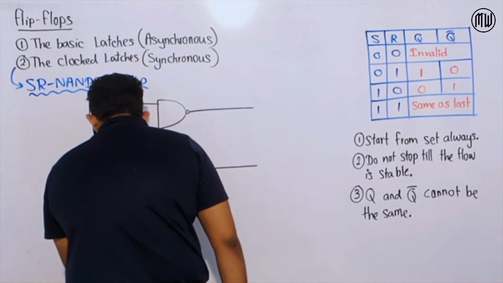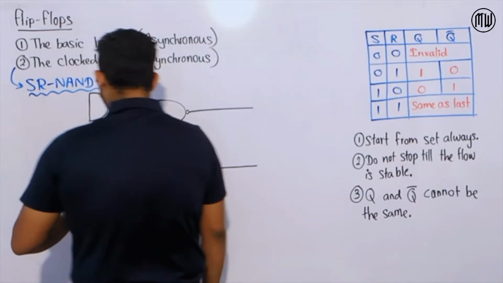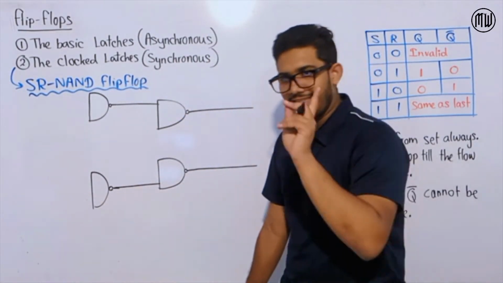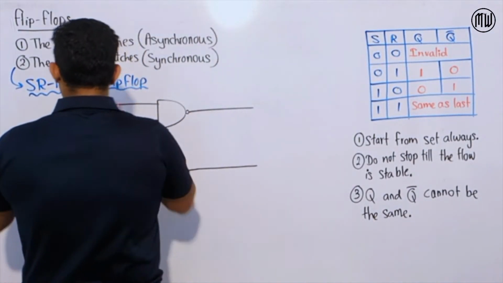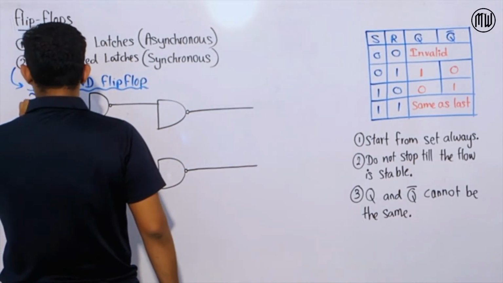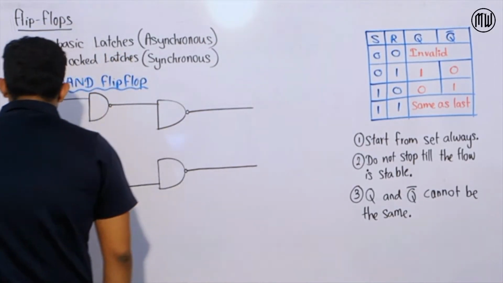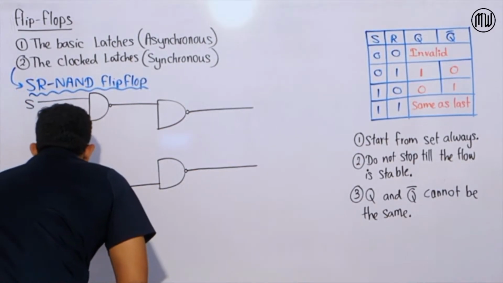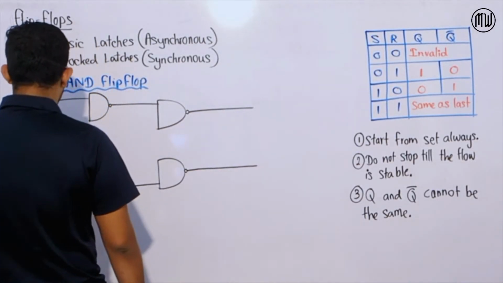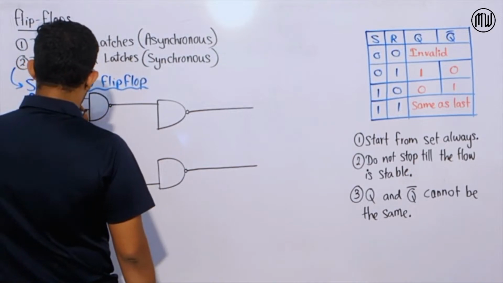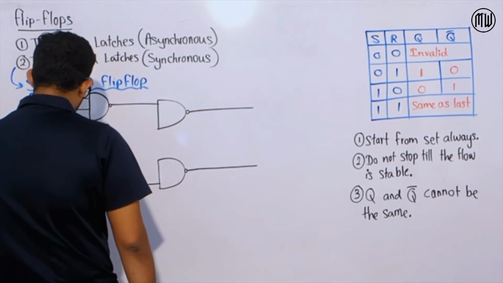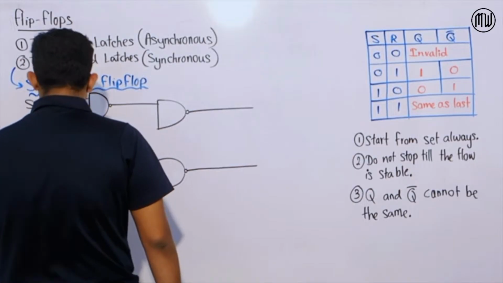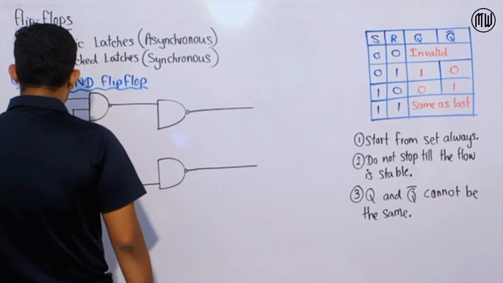So yeah, there are 4 NAND gates here, and I'm still not done. We have the S input coming all the way from here. We have the R input coming from around here, and in the middle, connecting to both of these, is the clock.